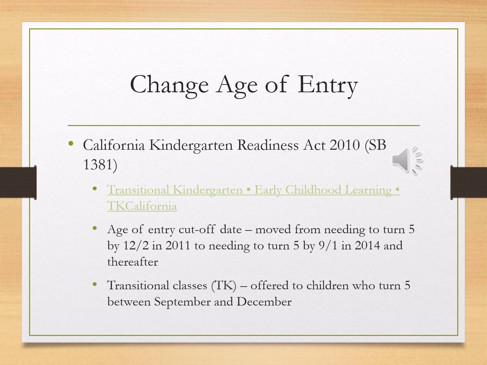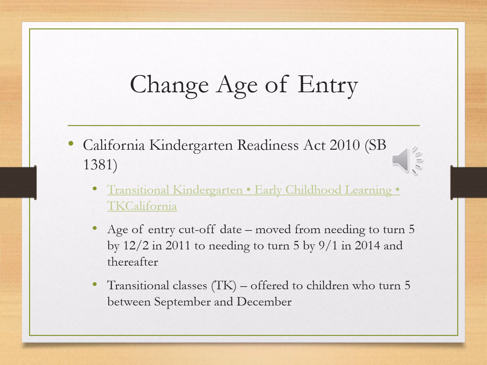So this all kind of changed with the Kindergarten Readiness Act of 2010, or SB 1381. So now the age of entry to be able to attend kindergarten is, instead of needing to turn 5 by December 2nd, you now need to turn 5 by September 1st, which is around the time that school would be starting.